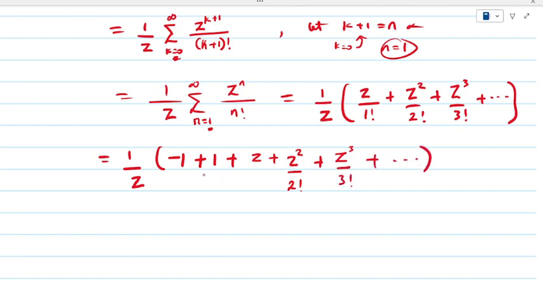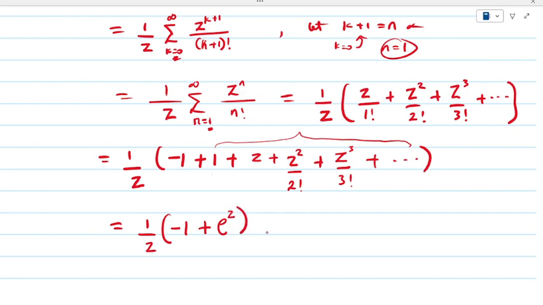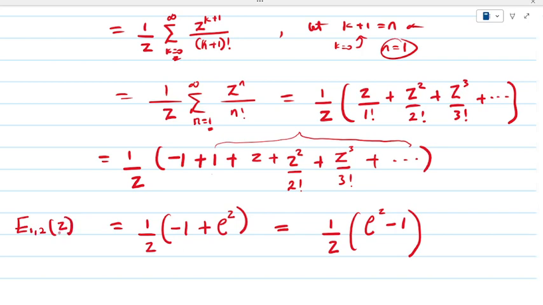You'll find out that this series is the series of exponential z. So I'm going to have 1 over z in the bracket, minus 1 plus exponential z, which I can also rewrite as 1 over z times (exponential z minus 1). So this is the Mittag-Leffler function E_{1,2}(z).